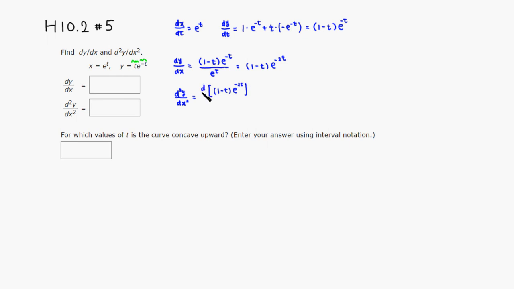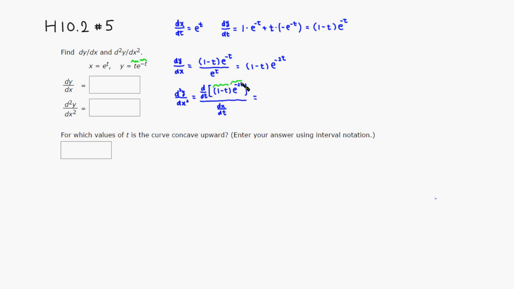First, we take the derivative with respect to t instead of x. Then you would have to divide it by dx over dt. The derivative of this guy, again, we have to use the product rule. This is the first guy. This is the second guy.